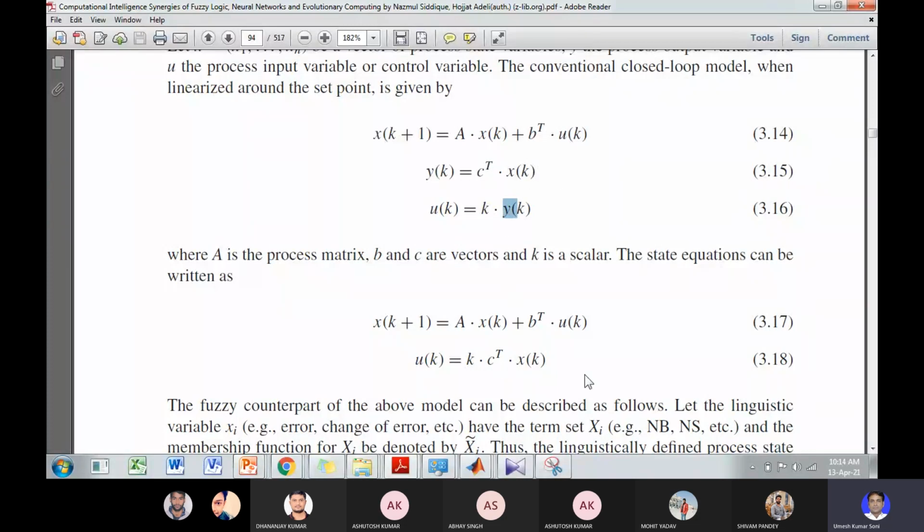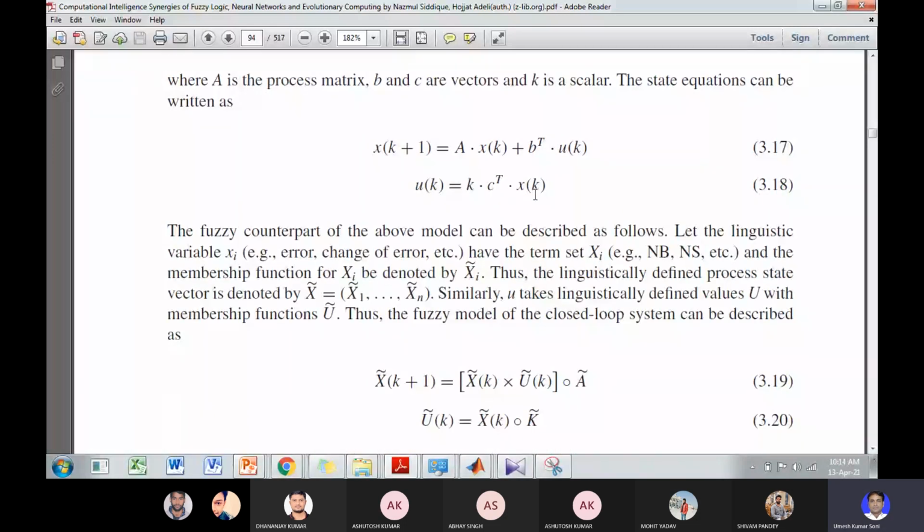So you find k c transpose xk. So the control input is depending on the state at the kth sample.